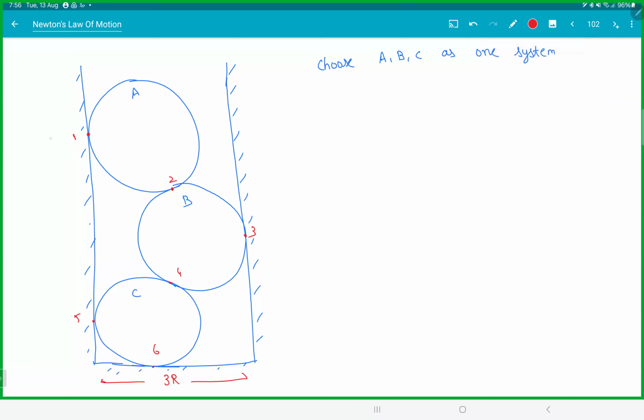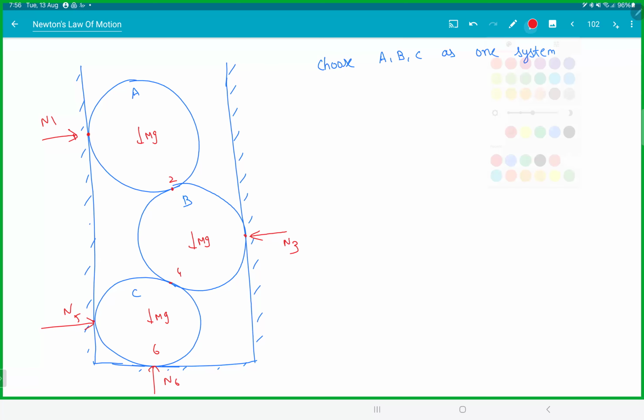So if you look at the forces here, this is N1, N3, N5. This is N6, Mg, Mg, and Mg. So in the vertical direction, N6 is equal to 3 Mg.